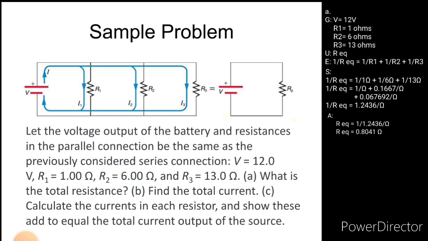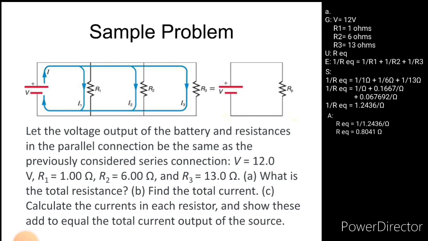Okay, so again, we have 1 over Req is equal to 1.2436 over ohm. Now, to get the R equivalent, cross-multiply natin yung R equivalent pataas at yung 1.2436 naman pababa sa ibaba ng 1 sa kabilang side.